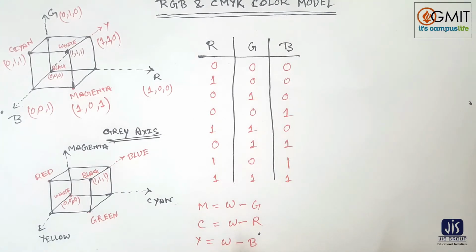But in our television and camera, the RGB color model is much better and this is used. But in case of printing, RGB is not good because this is an additive color model. We have to add up to get the new color. That's why RGB is not used in printing. In printing, we always use the CMYK color model. Clear?